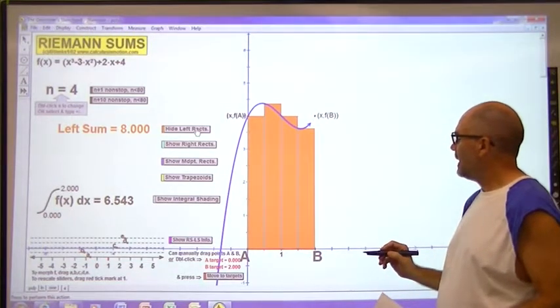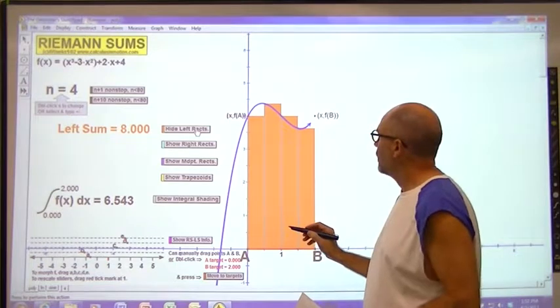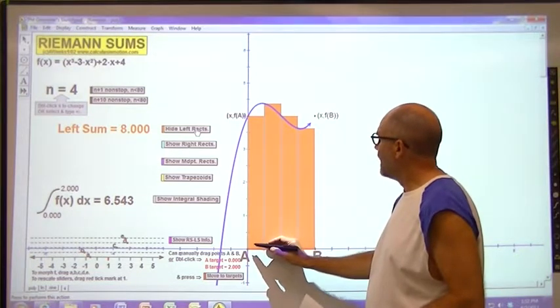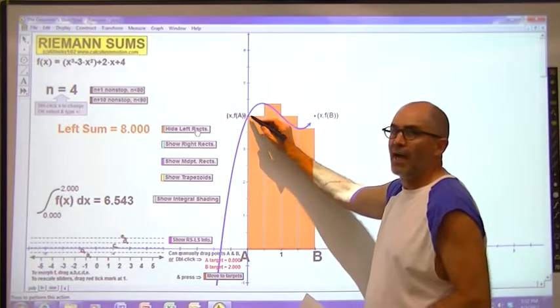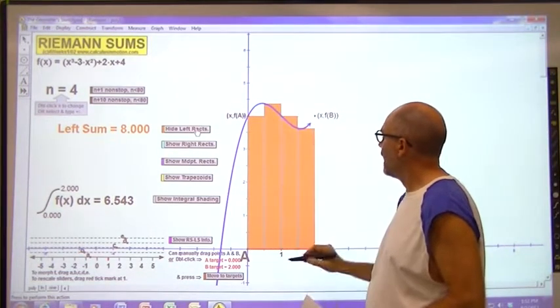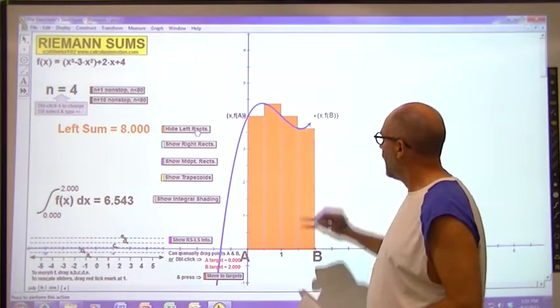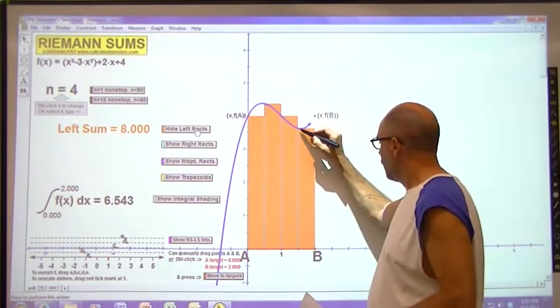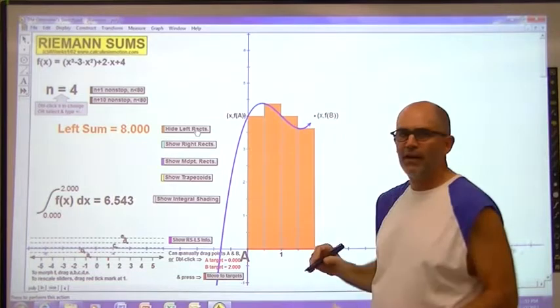So that means my first rectangle, being left-handed, will be f of 0 high. Then my second one would be f of 1/2 high. Then f of 1 high, and then f of 1.5, 1.5 high.